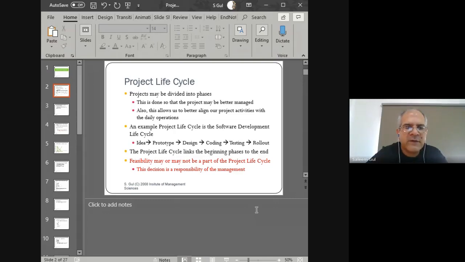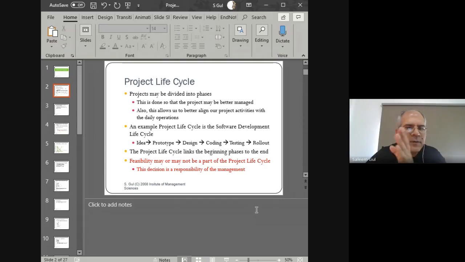So you could have a life cycle like that. Depending upon the nature and type of the project being conducted, these life cycles are going to be slightly different. Each industry or sector would have its own life cycles for their projects.